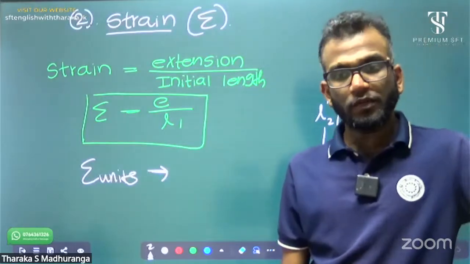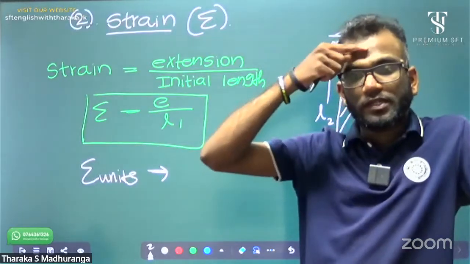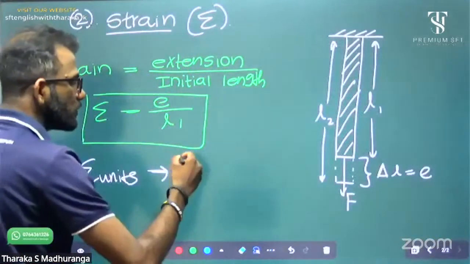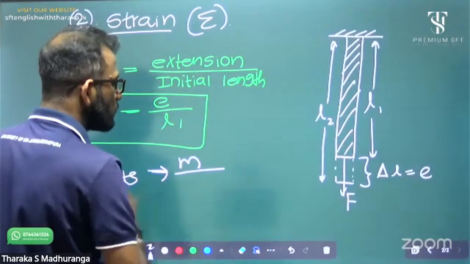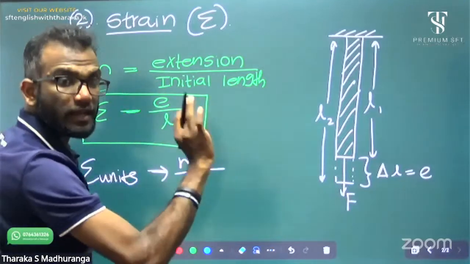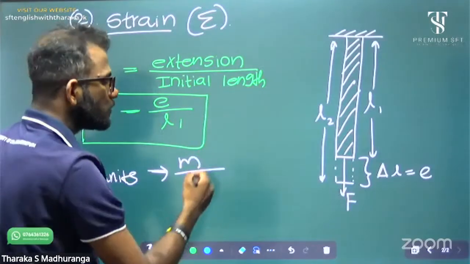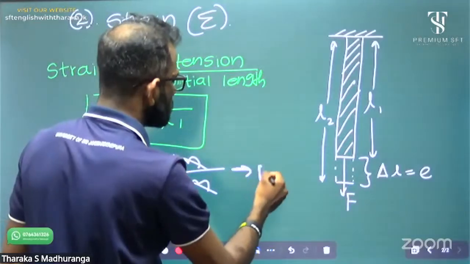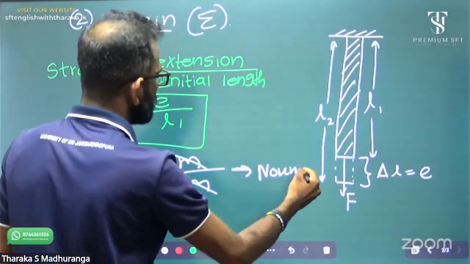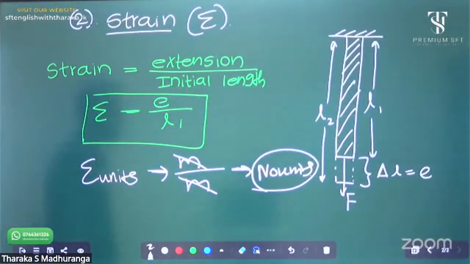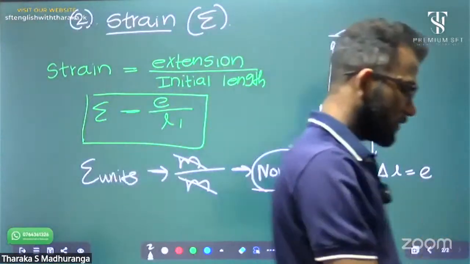What do you think? The SI unit. Yes. What is the extension unit? I told you extension's standard unit is meters. What is the standard unit of L1? It's a length, so the standard unit is meter. Then meter over meter cancels out. No units, remember. Strain has no units.